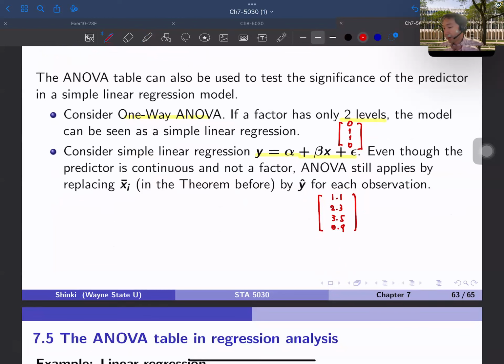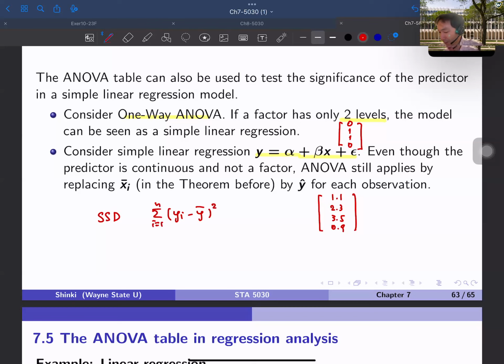So in ANOVA, we have an important quantity, the sum of squared residuals, SSD, and that is defined by the summation of yi minus y bar, from i equal to 1 to n.